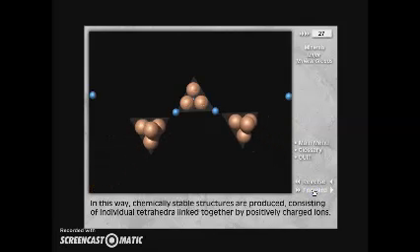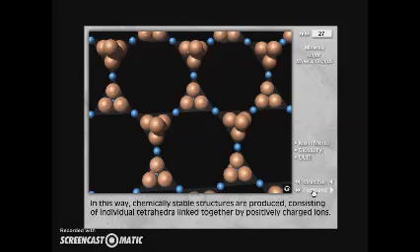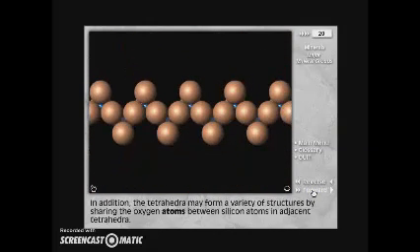In this way, chemically stable structures are produced, consisting of individual tetrahedra linked together by positively charged ions. In addition, the tetrahedra may form a variety of structures by sharing the oxygen atoms between silicon atoms in adjacent tetrahedra.